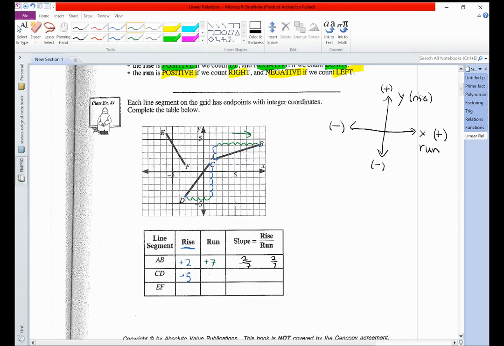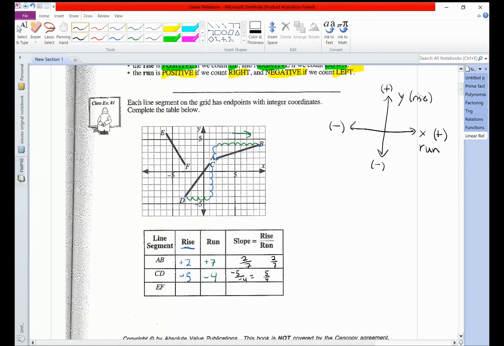So that's a run of 4, but it's also to the left, which is our negative direction. So now our slope is rise over run, negative 5 over negative 4. But a negative over a negative makes a positive. So the slope is 5 over 4.